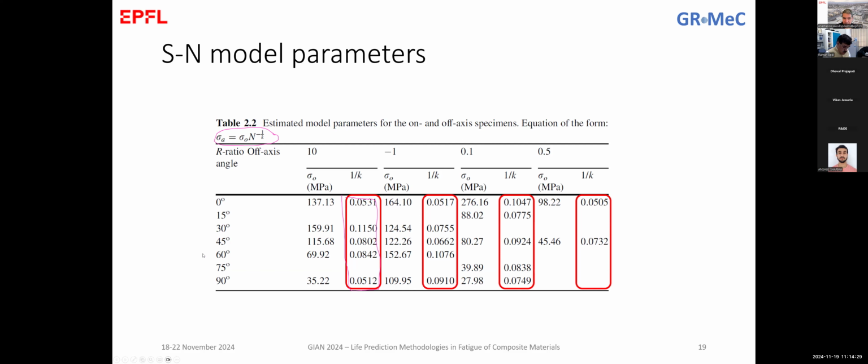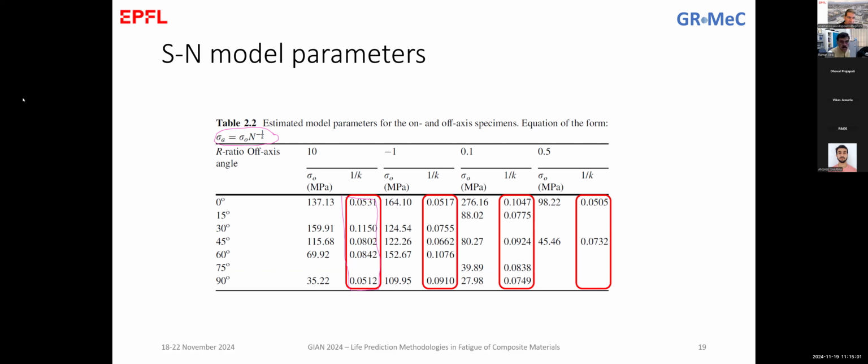While in certain cases, when we go off axis, we can see that -1 is really the worst case, where we have slopes that are reaching 0.1, which means 1/k is 0.1, so k is 10. In metals, the values are much higher. In metals, the values are even reaching 20.